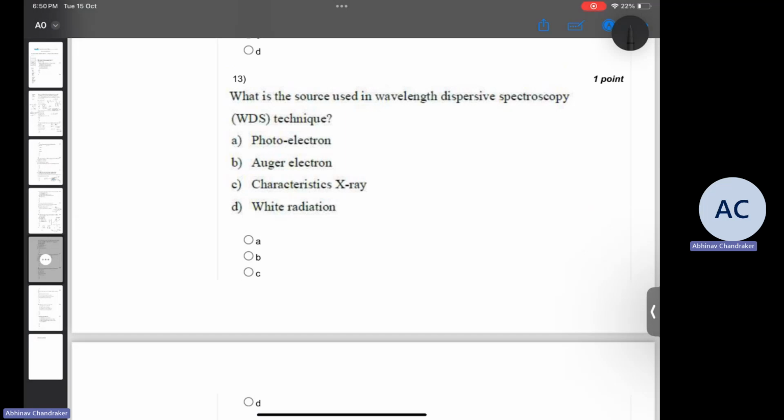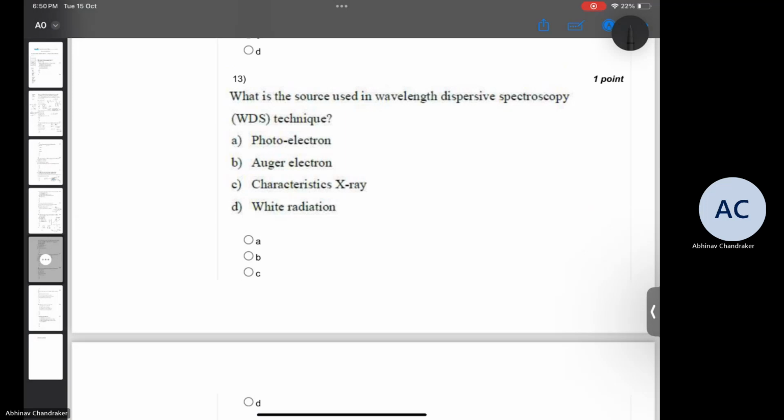It could be as an attachment to an SEM apparatus or an EPMA apparatus. So we have an incident beam of electrons falling on the specimen. It is interacting with the atoms in the specimen. Then the characteristic X-rays which are emitted from the specimen are being detected by a WDS detector, and that is how we get to know the composition of our specimen.